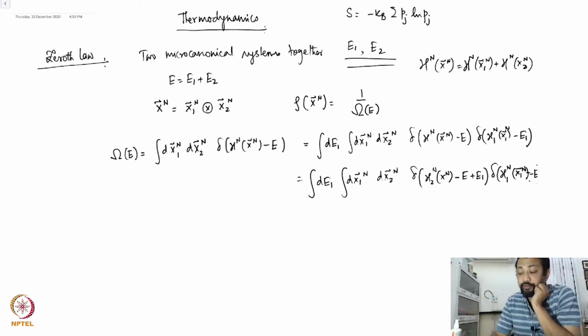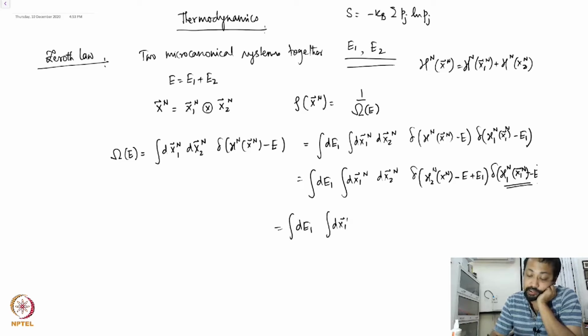So the integral over E1 will bring in, using the delta function, if you integrate over E1, this E1 is going to be replaced by this. So this clearly tells you that this is dx1n delta of h1n x1n minus E1, dx2n delta of h2n x2n minus E minus E1.